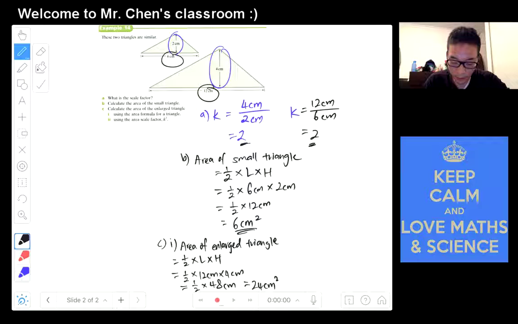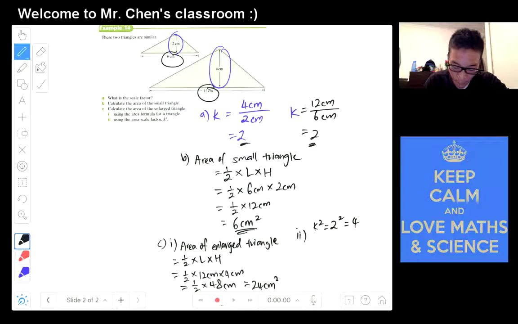Like I told you, if we use the scale factor, it will look like this. The area increased by k squared, and k squared here refers to 2 squared, which is 4.